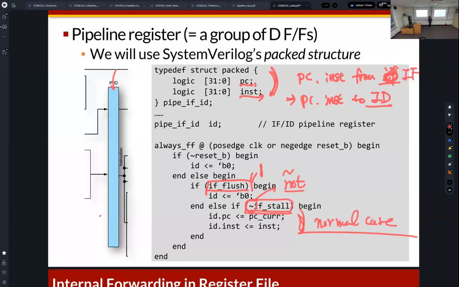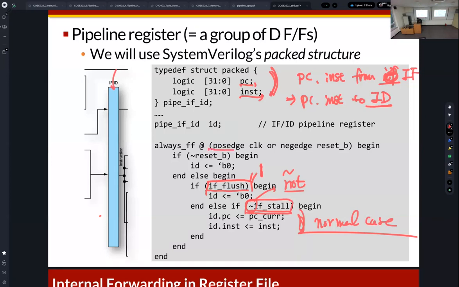So as you can see, the program counter is updated to ID.PC, and the instruction is updated to ID.inst. But when?